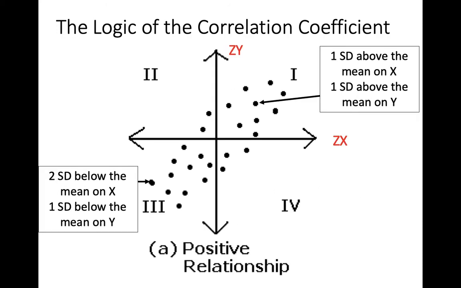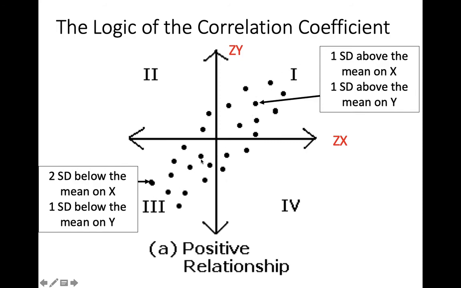Now we can get even more precise, and we can say to what extent are highs paired with highs or to what extent are lows paired with lows. Because what we want to do with our correlation is express just how much the pattern of dots, this pattern of observations, corresponds to a perfect straight line relationship.